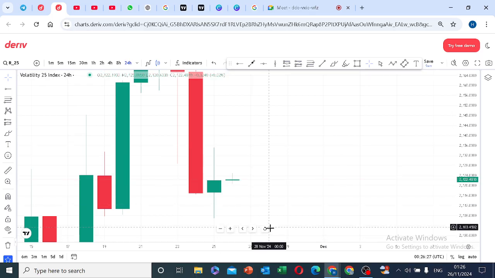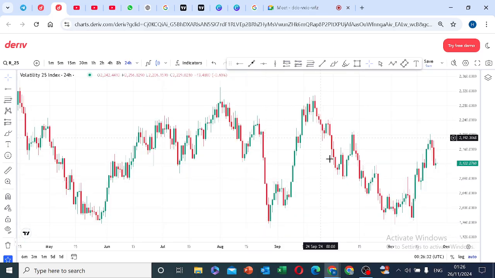Now, with that definition, you are able to understand why we can call any of these candlesticks a bearish candlestick and why it is called a bullish candlestick. My question goes to you: why is it called a bullish candlestick or a bearish candlestick, based on what I've explained? Yes, I'm with you. Can you hear me?